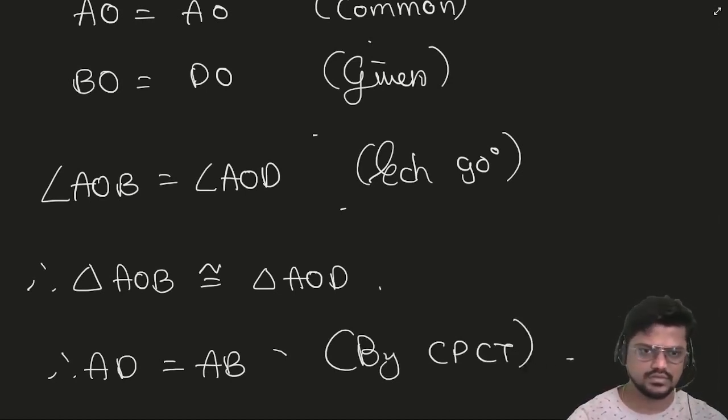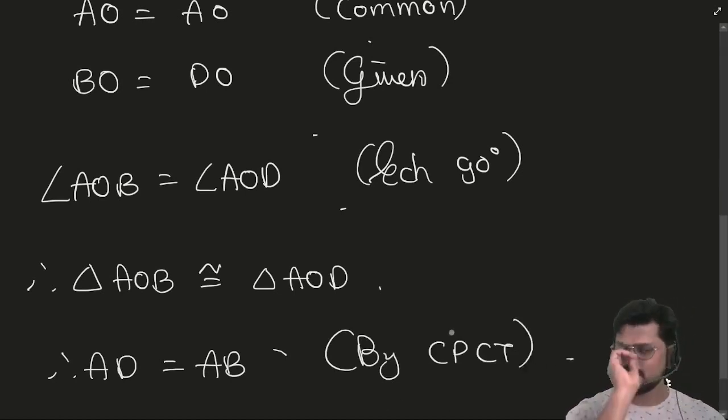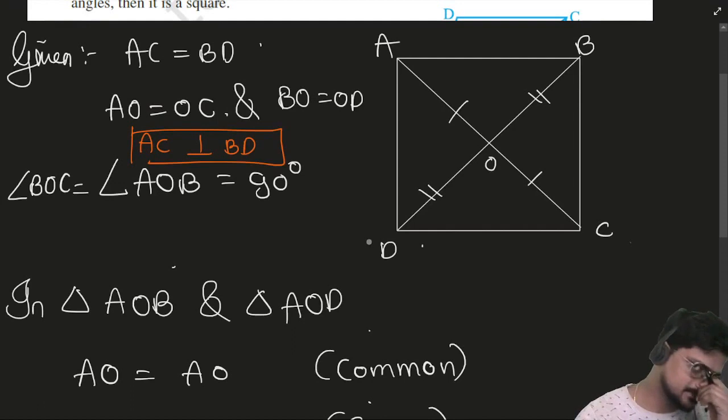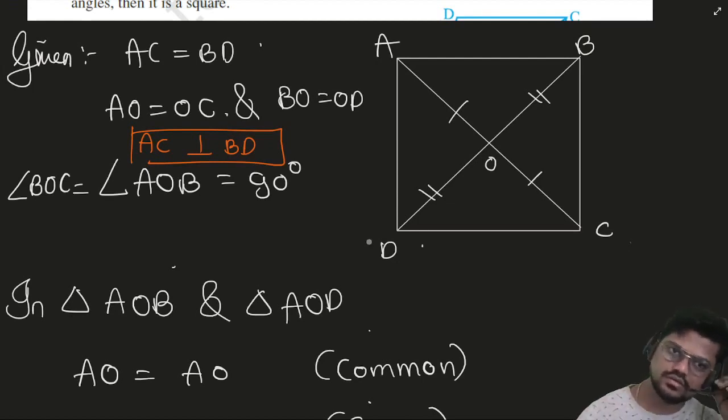Now I got it that AB equals AD. Now next, we can also say that angle DAO equals angle BAO by CPCT.